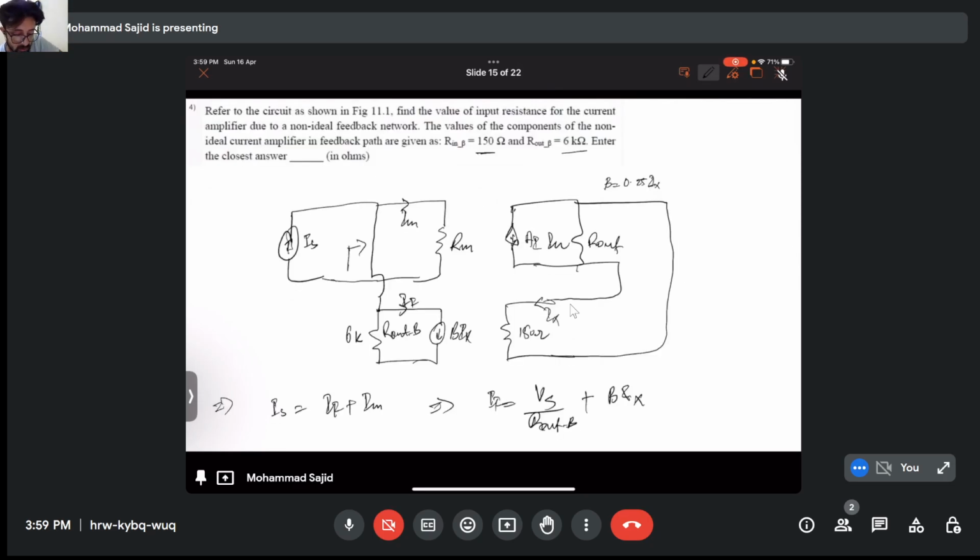One thing that goes is due to the output loading.